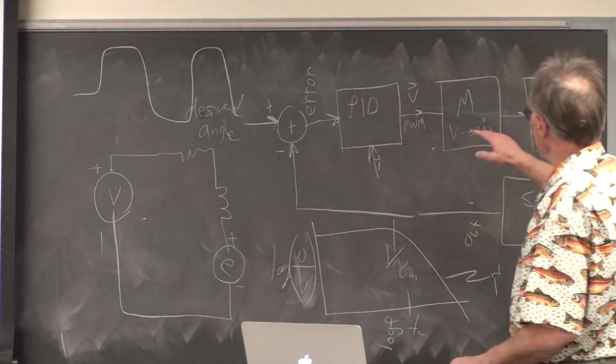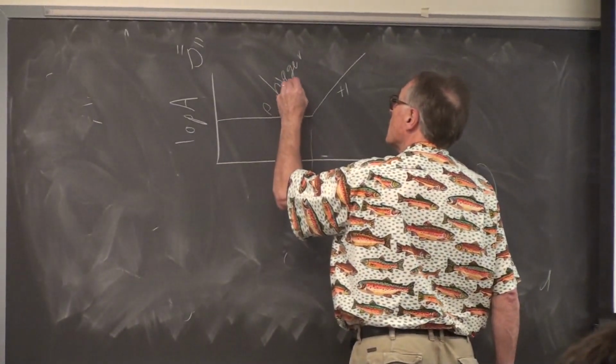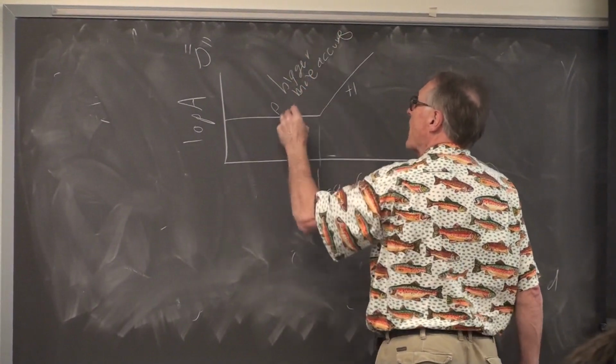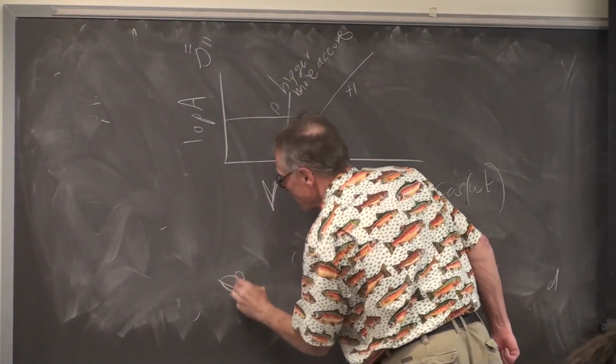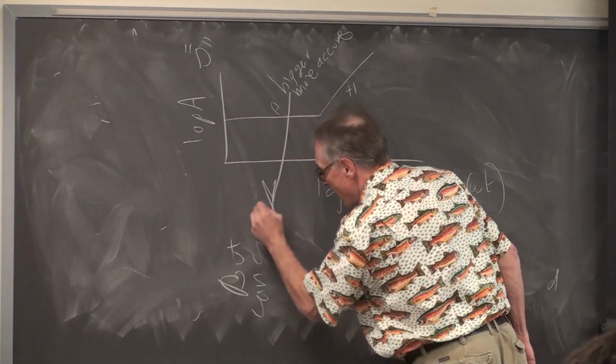So, there's going to be a proportional term here. Bigger is better. Bigger is more accurate, but can cause oscillation.